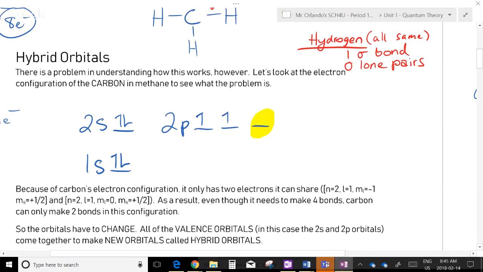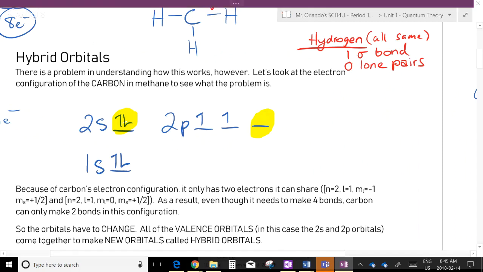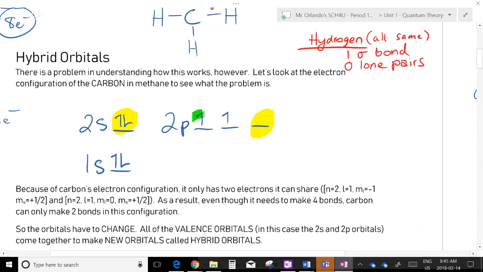So this can't share. This can't share because it's already full. And so the only things that are available to share are these 2. So in this configuration, carbon only has 2 electrons to share.